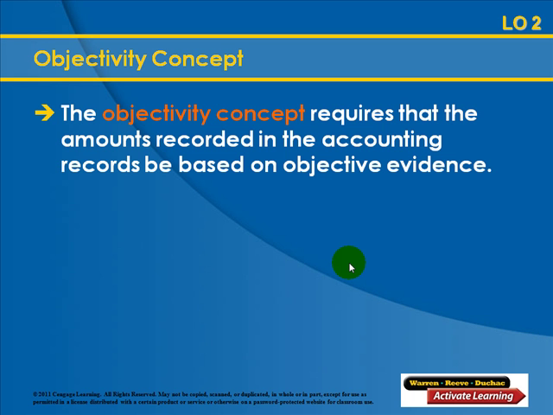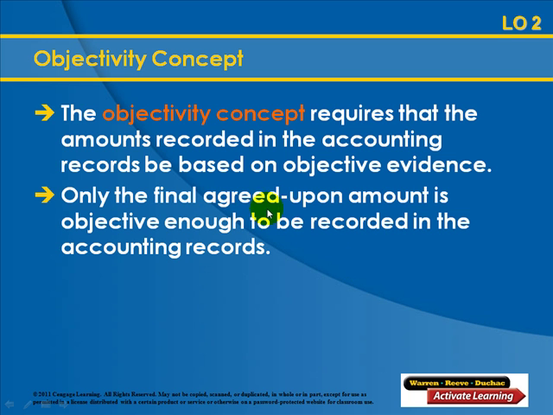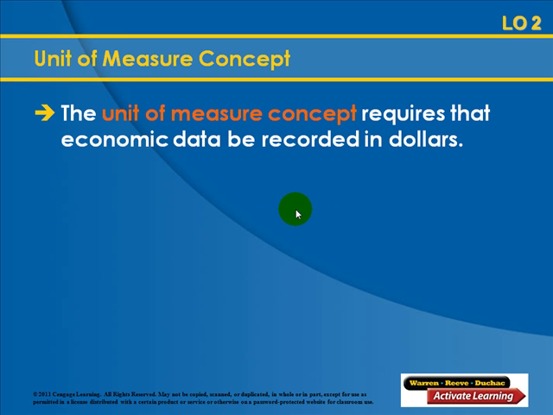If there is not a source document, then you cannot prove the transaction happened. So for every transaction in your accounting system, there better be a source document to back it up. Only the final agreed upon amount is objective enough to be recorded in the accounting records. We have a unit of measure concept that requires economic data to be recorded in dollars.